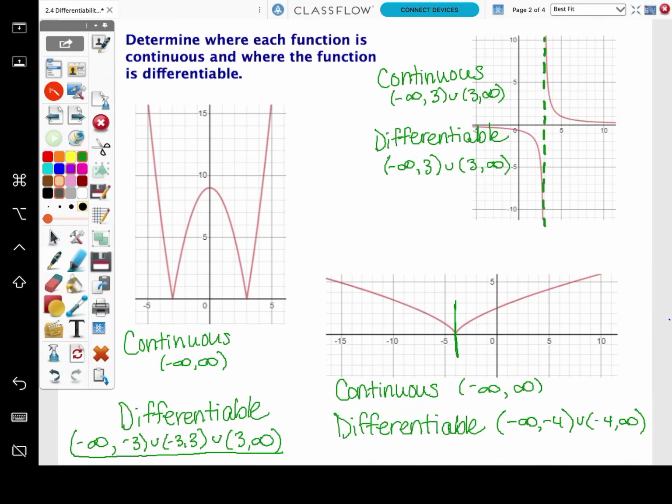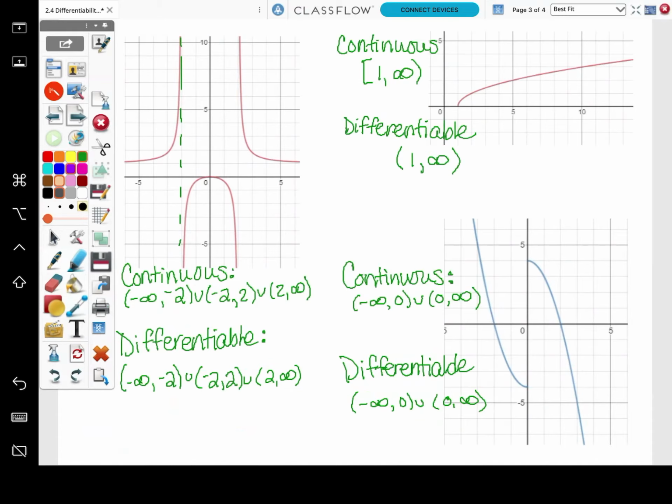Again, our tangent line could very easily be vertical there, so not differentiable. Okay, here's some more graphs, super fun things. Left-hand side, we have another rational function. It actually has two vertical asymptotes in it, so it's continuous everywhere except where those vertical asymptotes are, and you can see those intervals. Differentiable the same places.